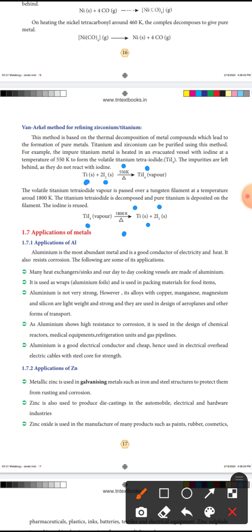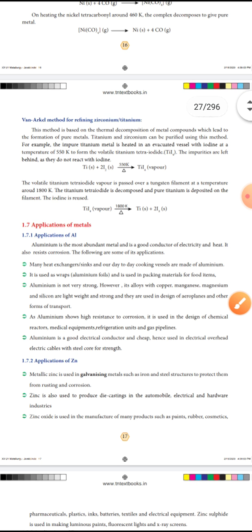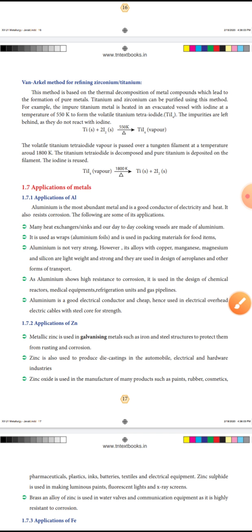Next, let us learn the applications of metals. First, the application of aluminum. Aluminum is the most abundant metal. It is a good conductor of heat and electricity. It also resists corrosion.